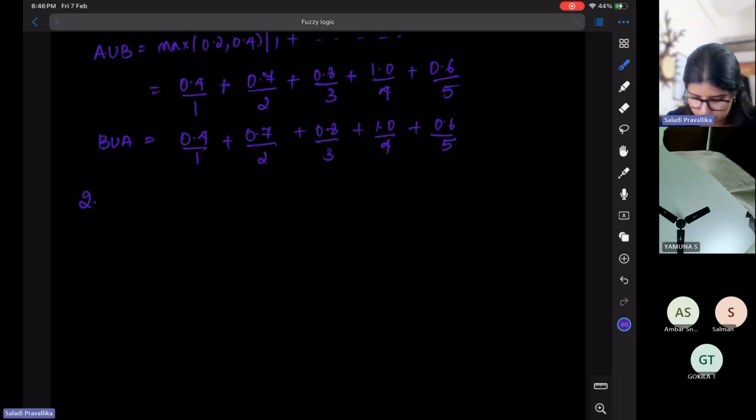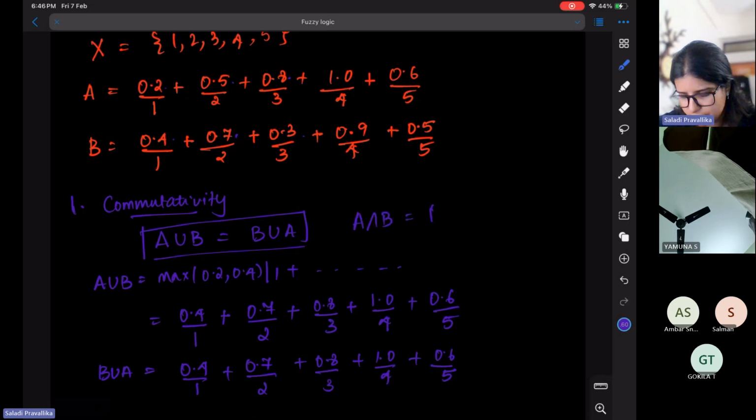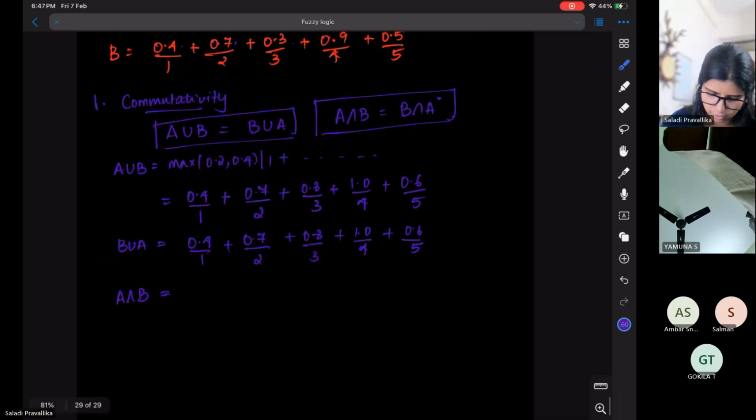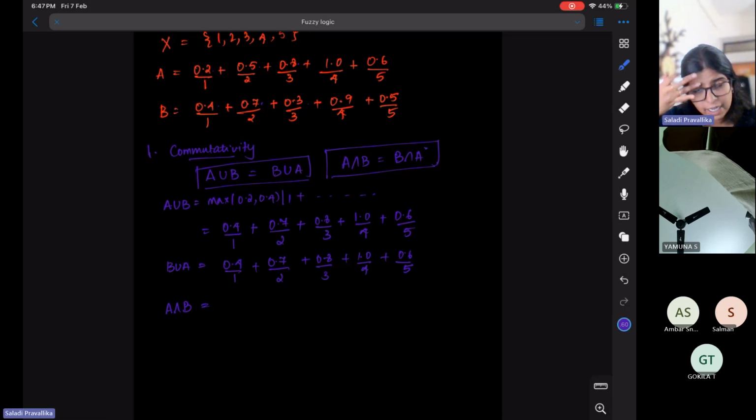Oh, and there is one more as well. So in commutativity, this is one. Another one is A intersection B is equal to B intersection A. So let's find that out as well. A intersection B. For intersection, we take the minimum membership function value, right?